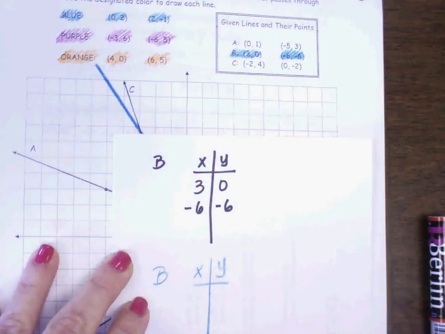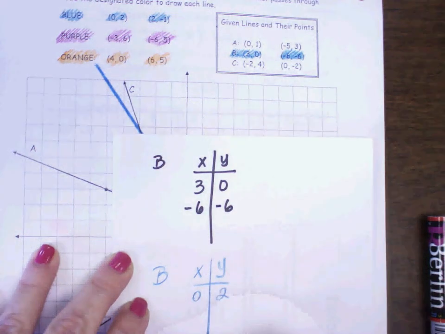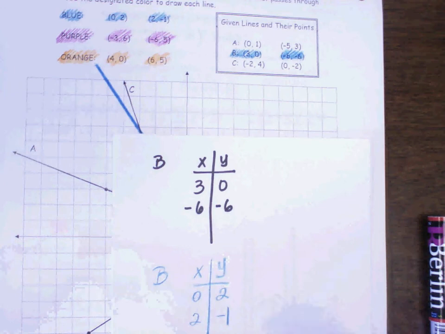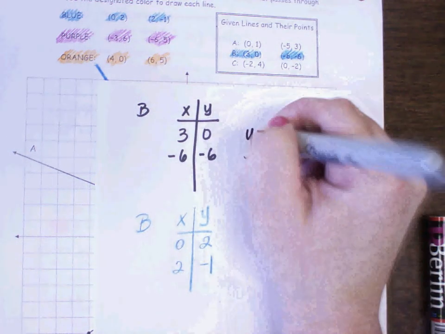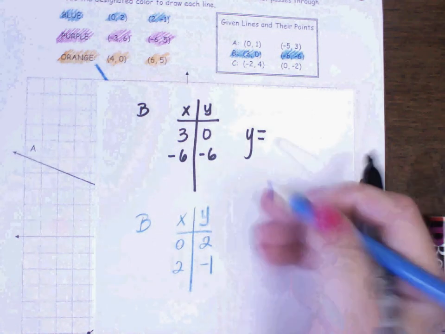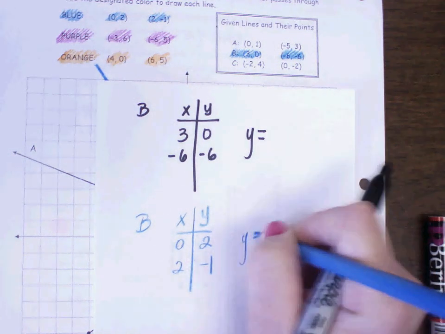And for blue, the points are 0, 2, and 2, negative 1. And then you go to stat and you do a linear regression.